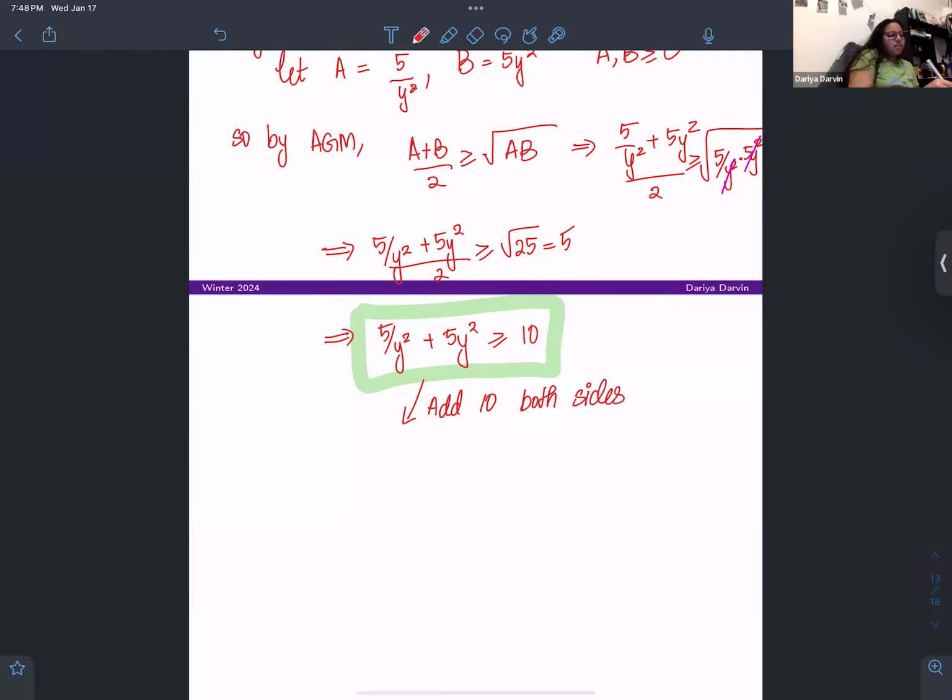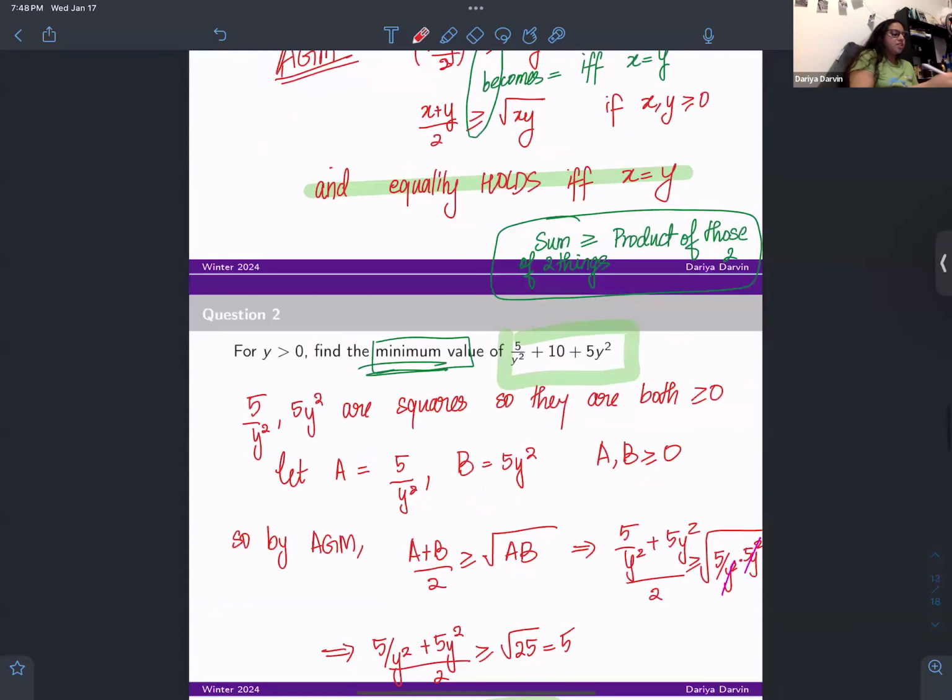Something I wanted to remind you, yes, and I'll show you another example of this. For this question, the bigger hint was find the minimum of a sum. That's what tells me it's AGM more than the reciprocal. When they ask you minimum of a sum or maximum of a product, especially during quiz 1 where we didn't teach you any other way to do it, it is probably AGM.